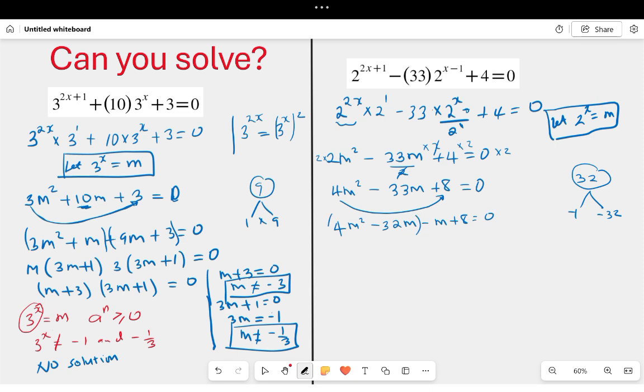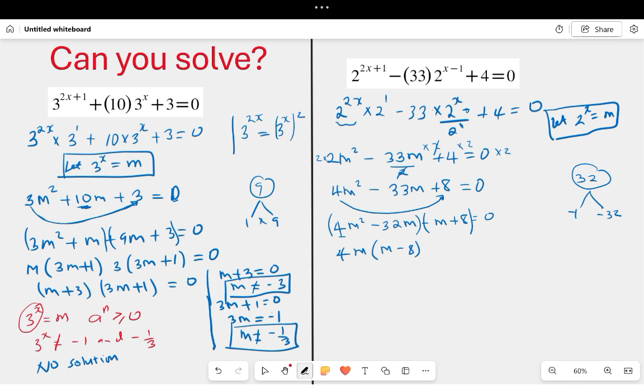Now we do factorization here. 4m is common between 4m squared and 32m, so 4m into brackets: 4m squared divided by 4m gives m, minus 32 divided by 4m gives 8.